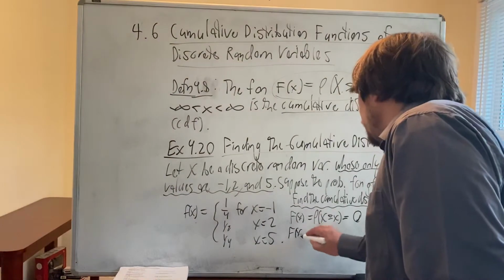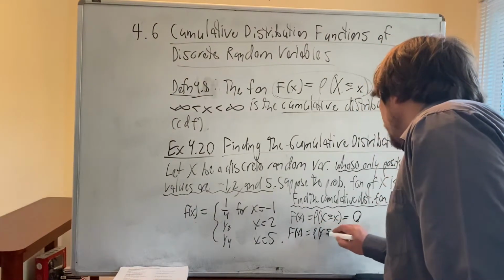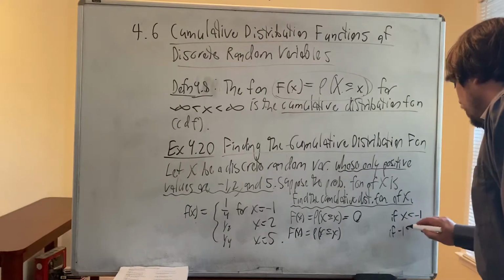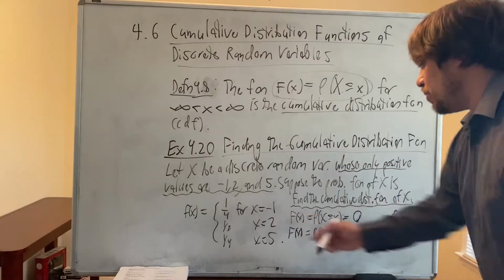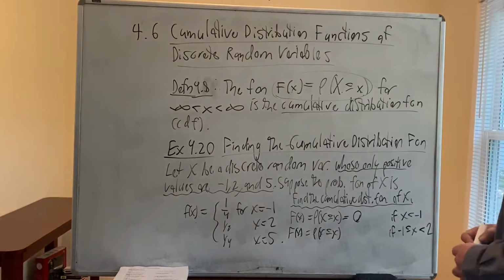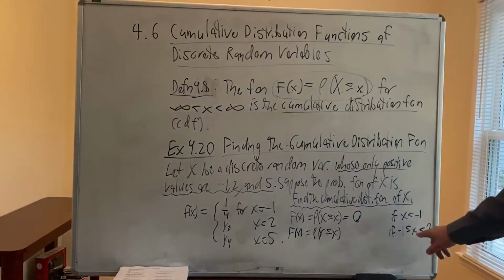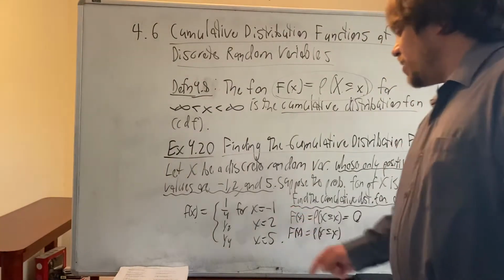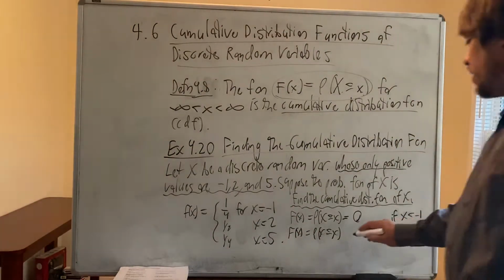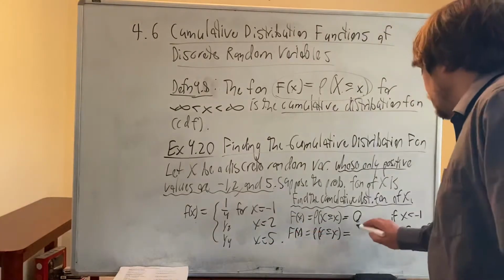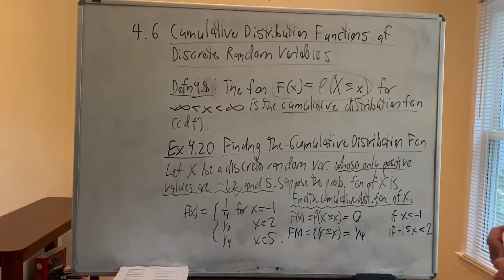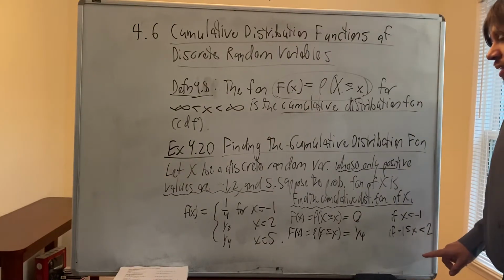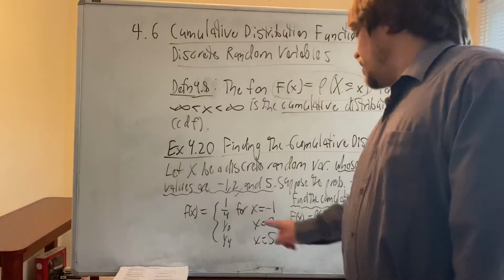Capital F of x is still equal to the probability that capital X is less than or equal to little x. Now, if -1 is less than or equal to x, strictly less than 2, then little x is a number greater than or equal to -1 but less than 2. The probability of that is 1/4, because the only value that x can take in this interval that has non-zero probability is x equals -1.